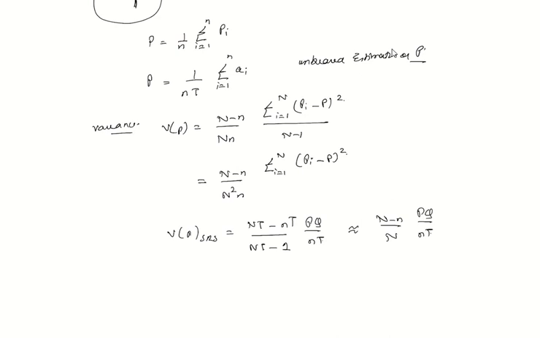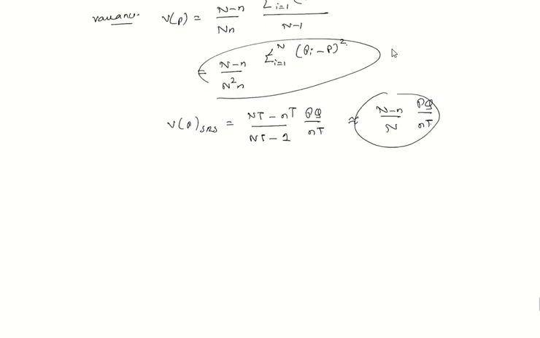Then we compare this with the earlier expression, and we can see that the variance of p using cluster sampling is equal to the variance of p using SRS multiplied by something, which is T summation i from 1 to n of (pi minus p) square upon n PQ.